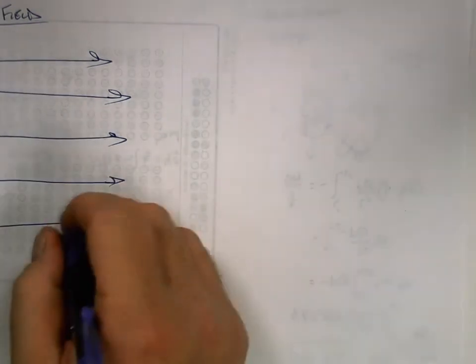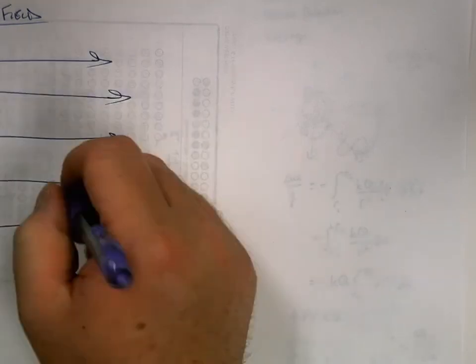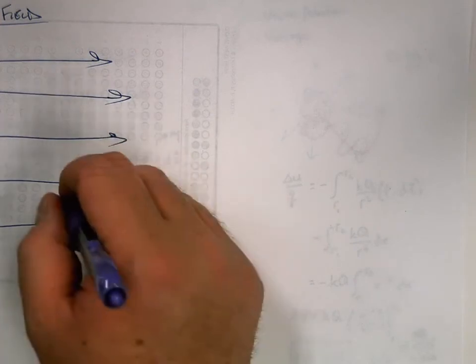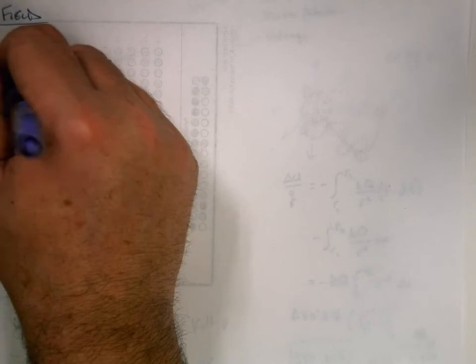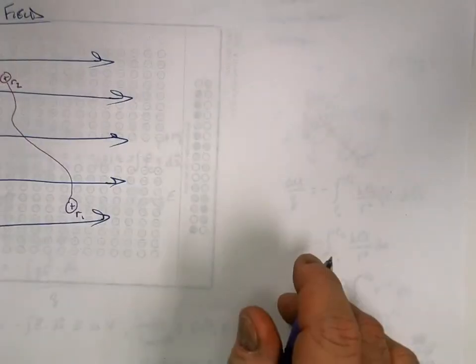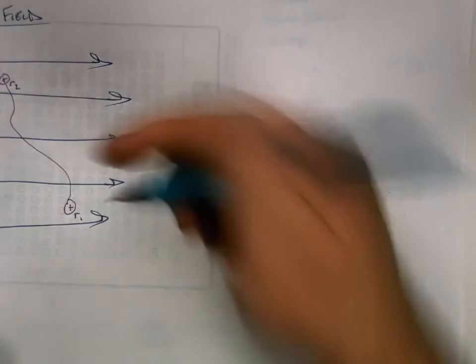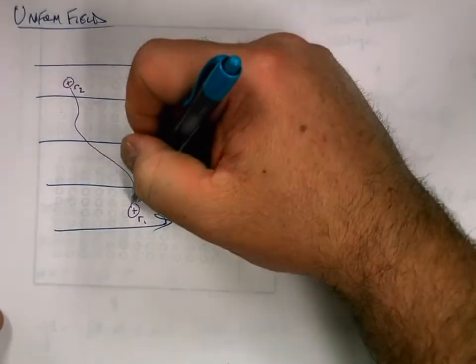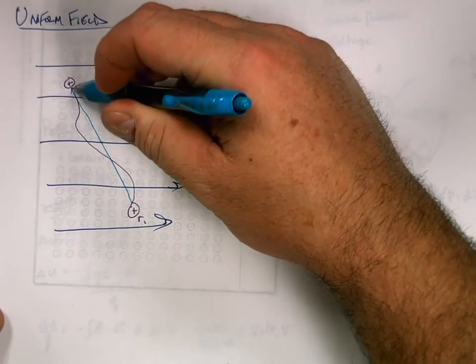Now, uniform field. Let's say we've got a charge at R1 and we move it to some other place, R2.